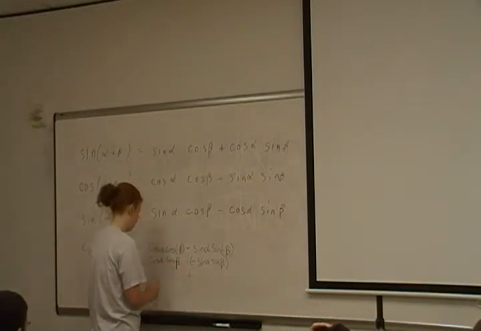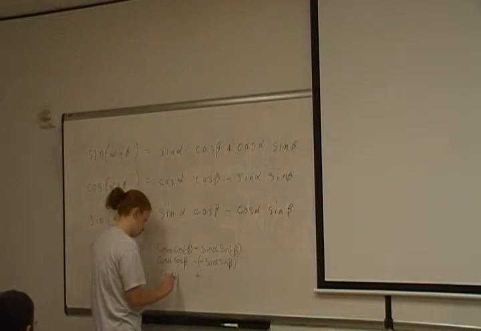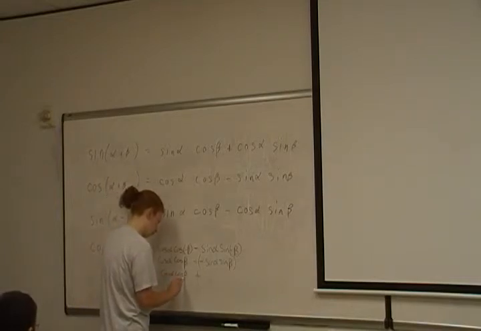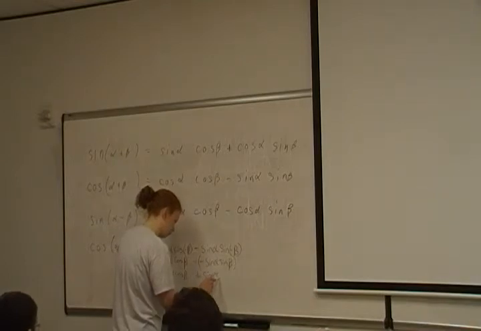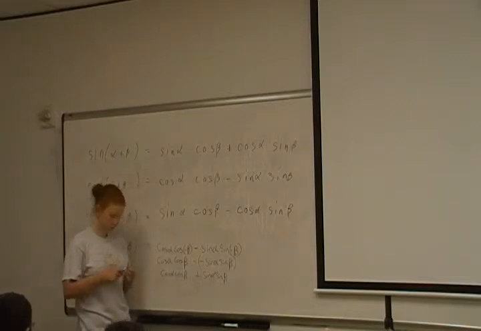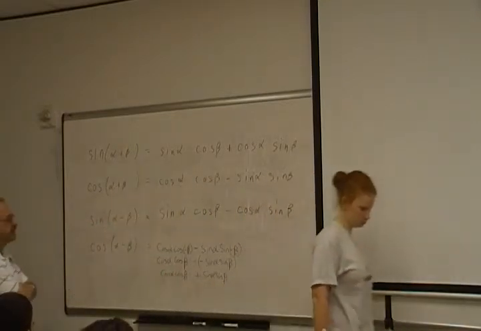Mm-hmm. And what do you do with your two minuses? Multiply them together. Mm-hmm. Okay, and so there we have the identity for the cosine of the difference.